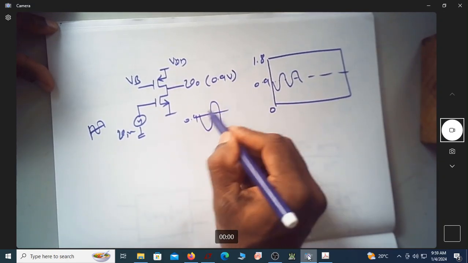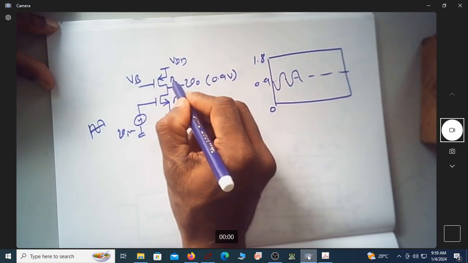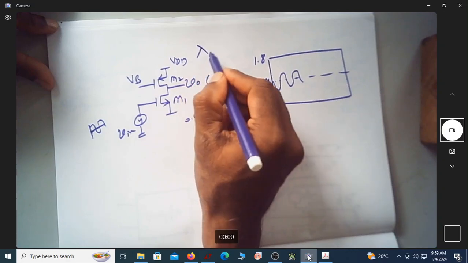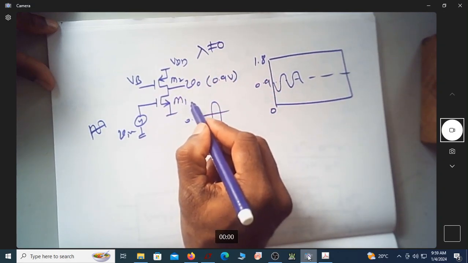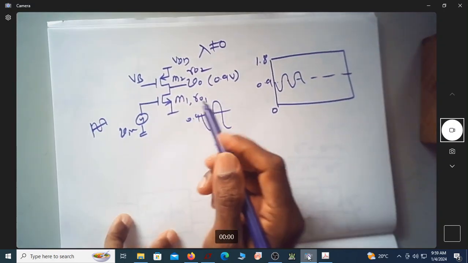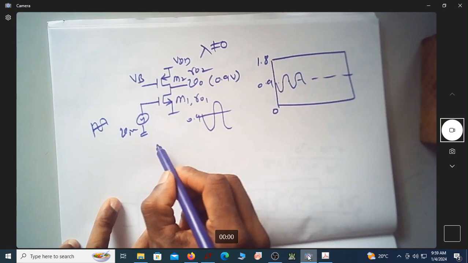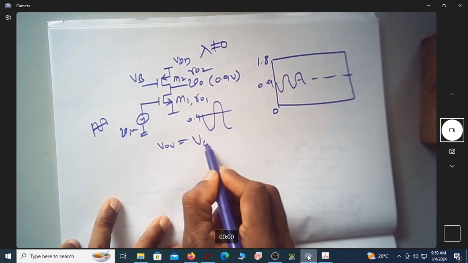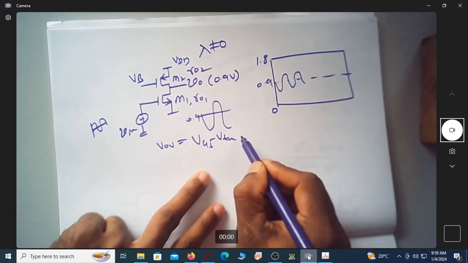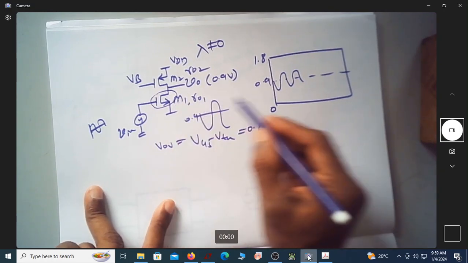And what is the amplification? That depends on this. If I say this is M1 and this is M2, since lambda is non-zero, this will have a resistance ro1 and this will have a resistance ro2. And of course the VOV, which is nothing but VGS minus VTH, we are assuming to be 0.2. So that for this MOSFET to stay in saturation, I should dedicate 0.2 volts.